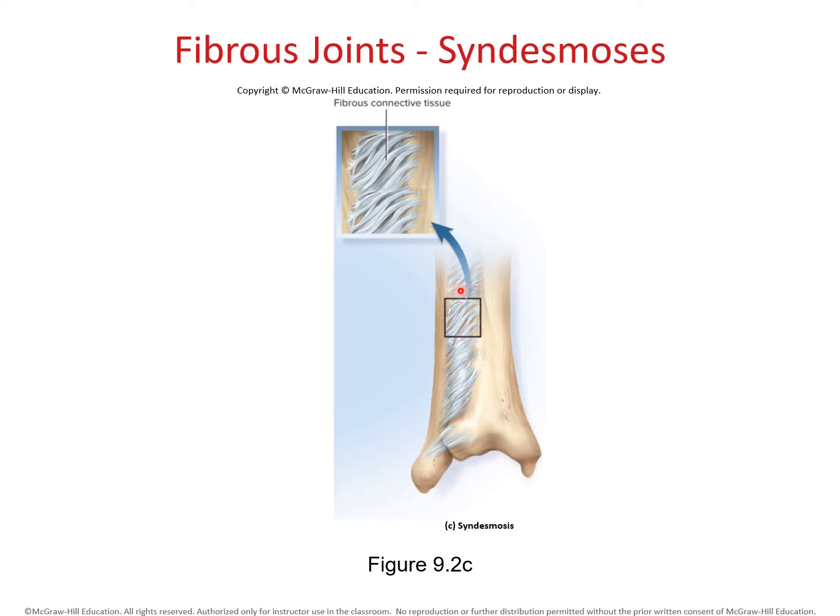You can see there's a sheet of fibrous tissue that connects these two bones. In the case of the tibia and fibula, very little movement is possible at this location. However, in the radio-ulnar joint, there will be movement possible.